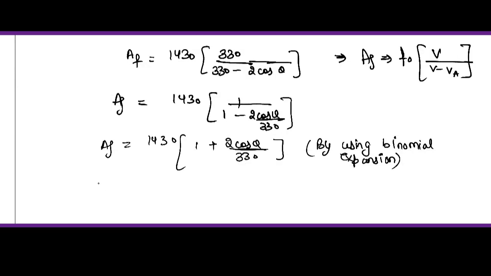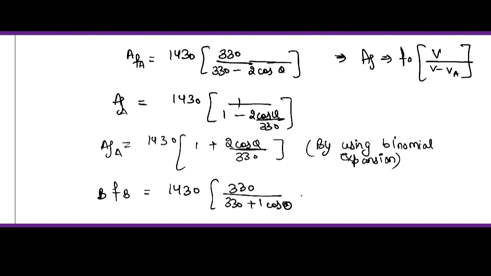So from this we can write the apparent frequency of B, and this is the apparent frequency of A. We denote it so no confusion is created. So this is B, and the apparent frequency of B is 430 times (1 plus 1 cos theta over 330).